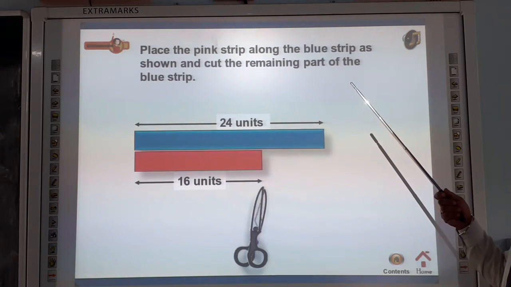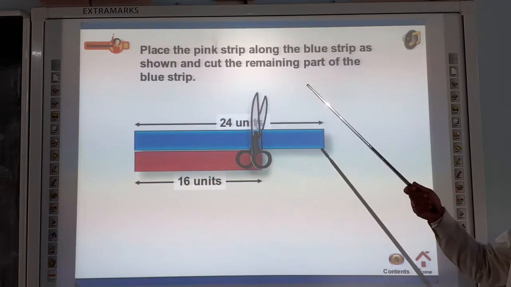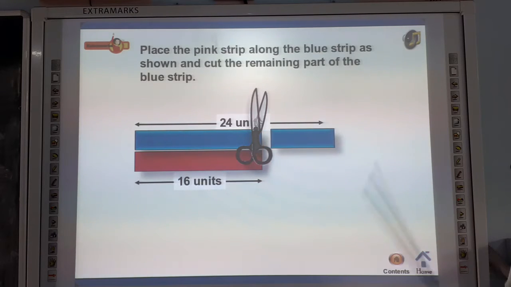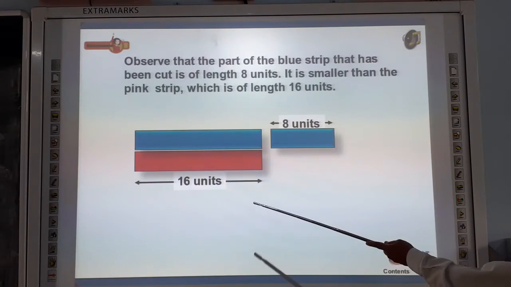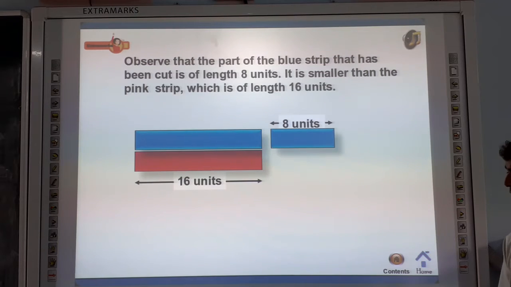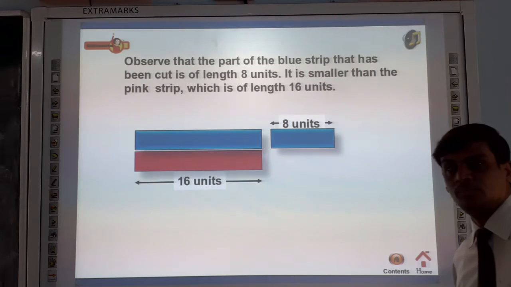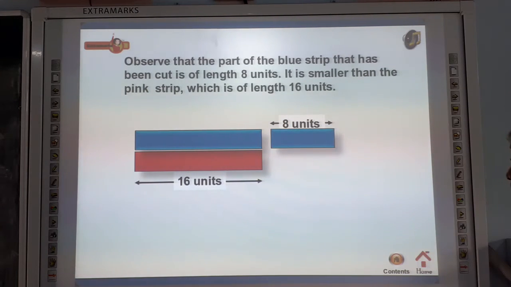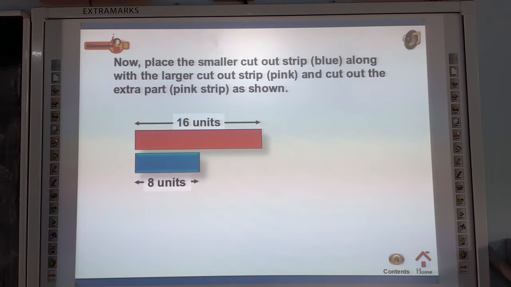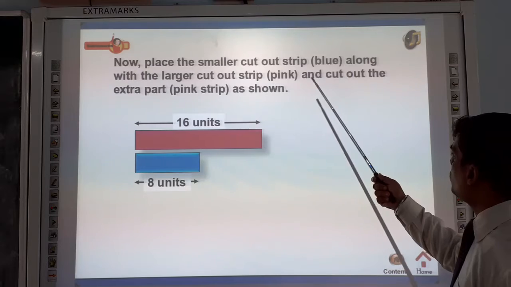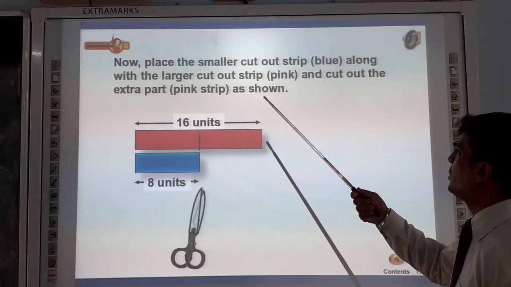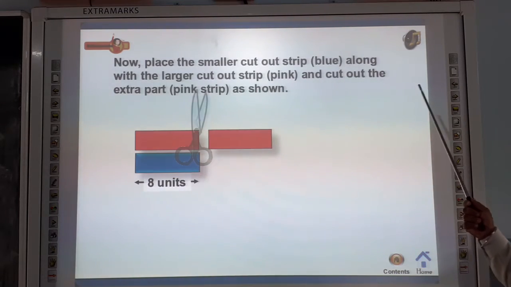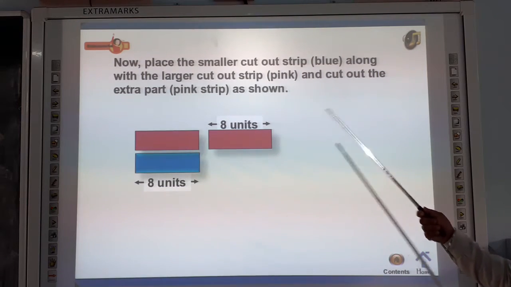Place the pink strip along the blue strip as shown and cut the remaining part of the blue strip. Look at this. Show the diagram. Now, place the smaller cut out blue strip along with the larger pink strip and cut out the extra part of the pink strip as shown.